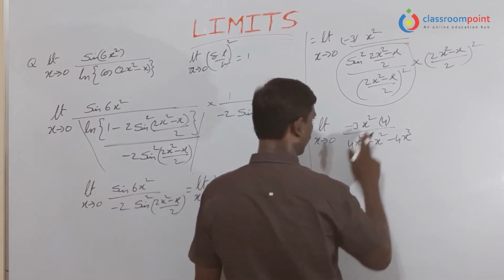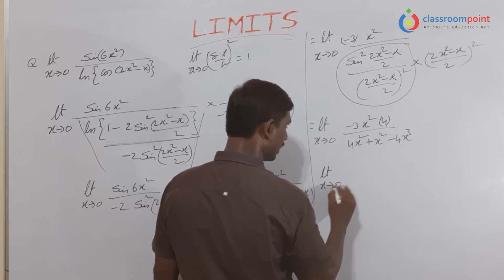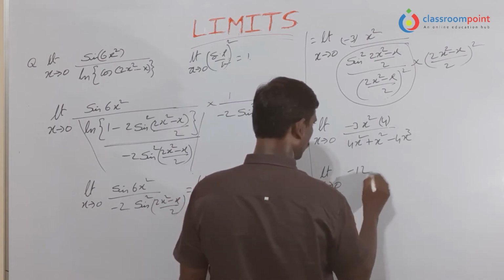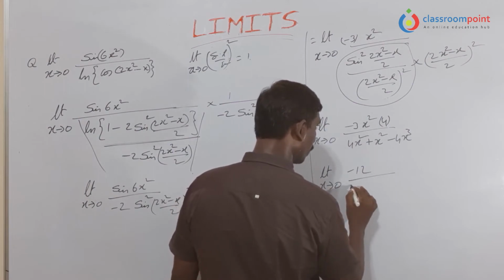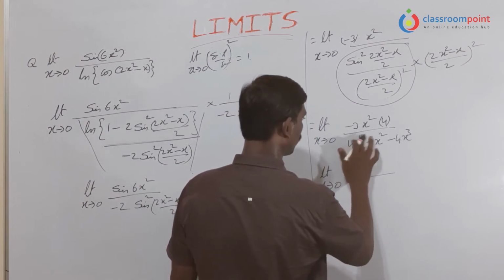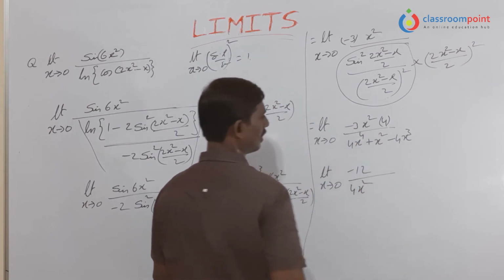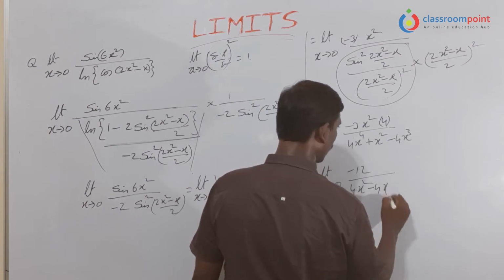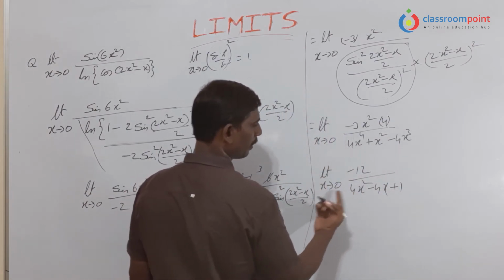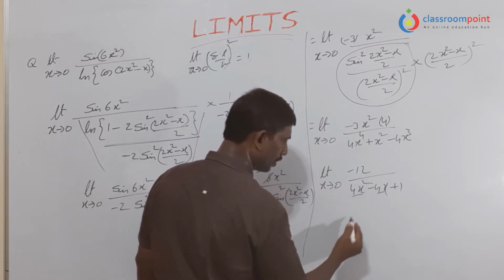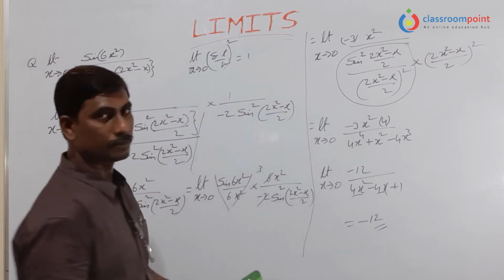Now x square take outside and cancel them, then the remaining is, x tends to 0, minus 12 by, I think it is 4x power 4. Then 4x square is remaining, minus 4x is remaining, plus 1. In the place of x apply 0. This one and this one will be 0. The remaining is minus 12, which is the answer.